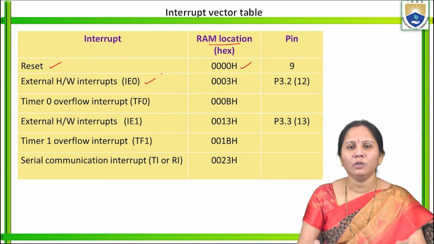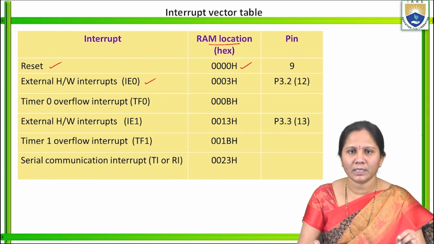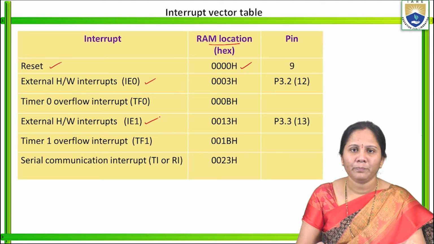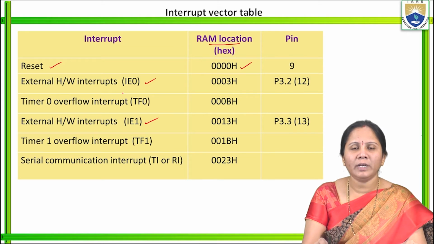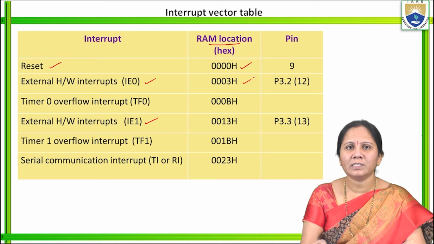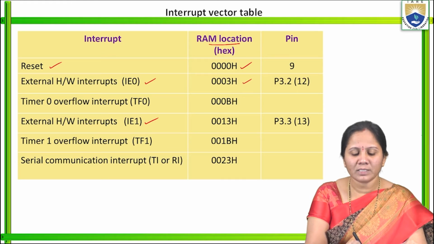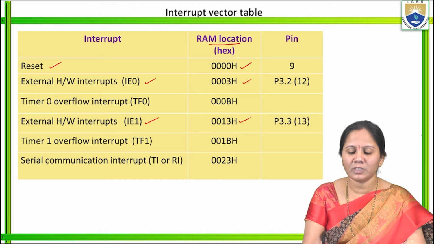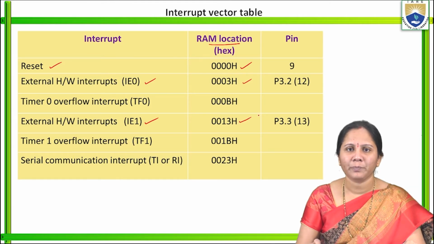As we have seen, 2 interrupts are related to external interrupts, one is IE0 and another is IE1. For external hardware interrupt 0, we have 0003H as the fixed address. And the external hardware interrupt 1 also has a fixed address, that is 0013H.